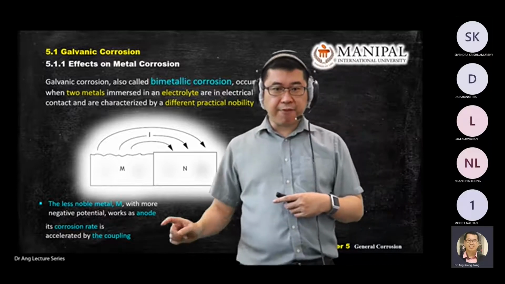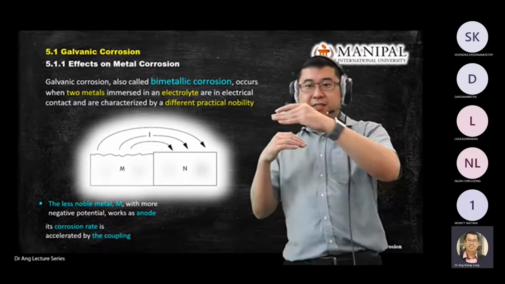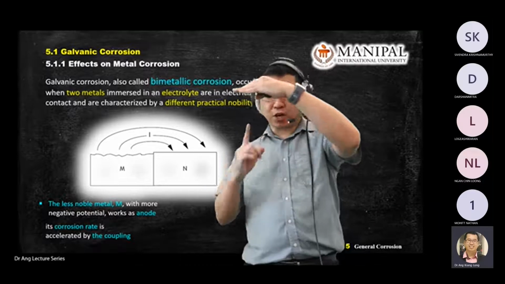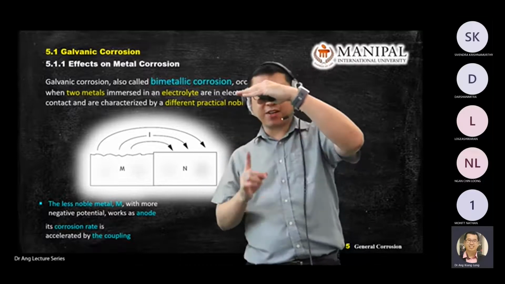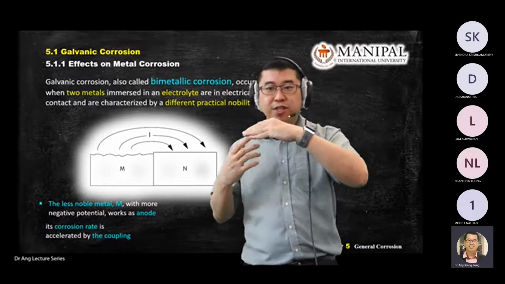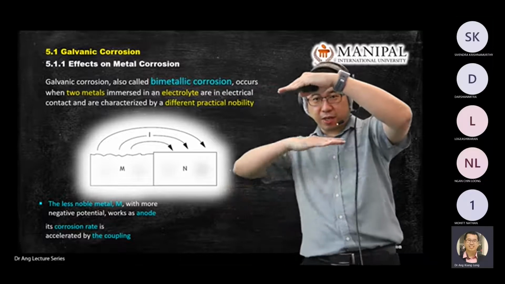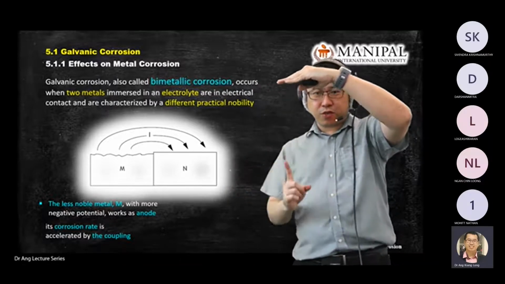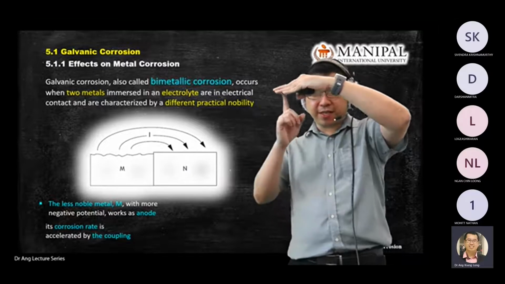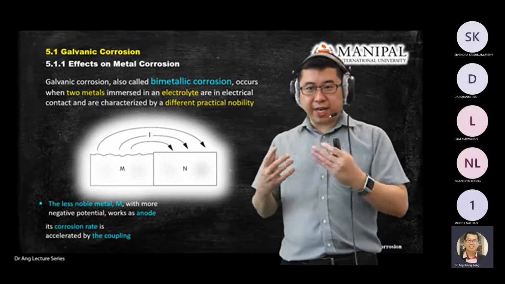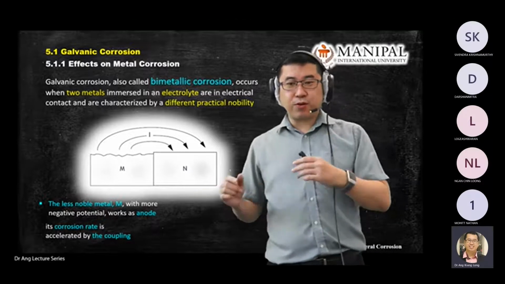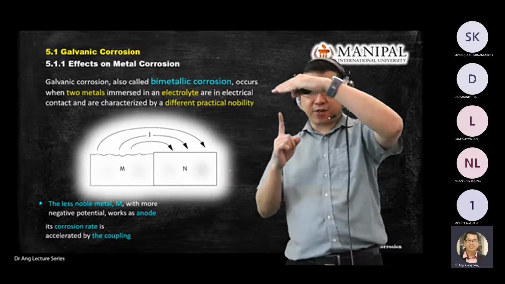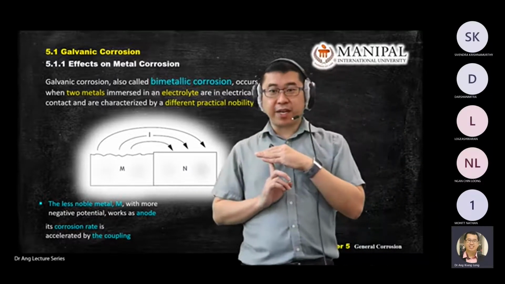If you have coupling, it means there's a wire connection, an electrical connection between the lower level and the higher level. A connector is like a highway.